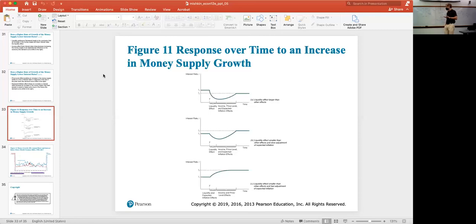When central banks have market confidence, they have more power, right? And so the Fed, in general, is able to use this liquidity effect because markets have a lot of confidence that the Fed's not going to let inflation get out of control.